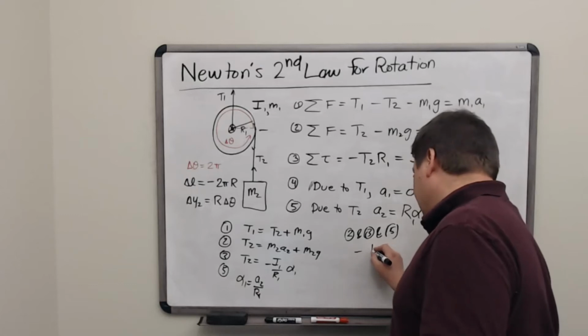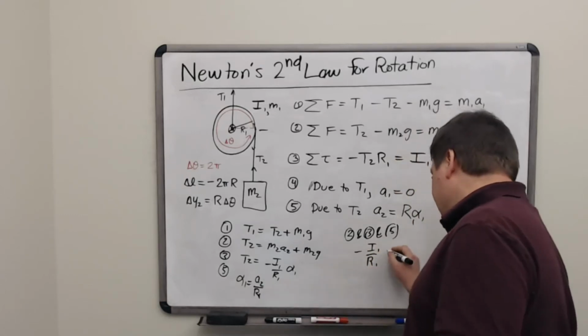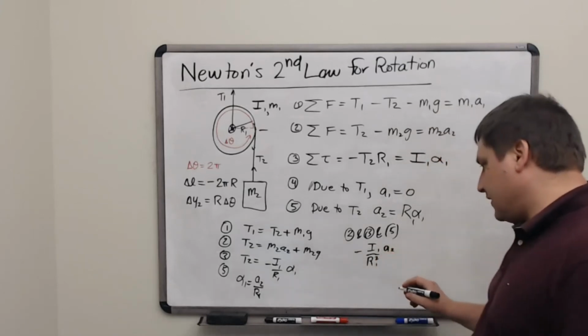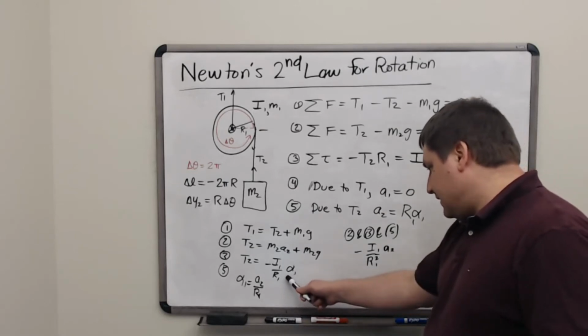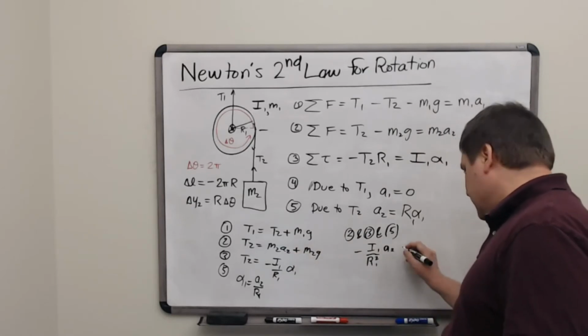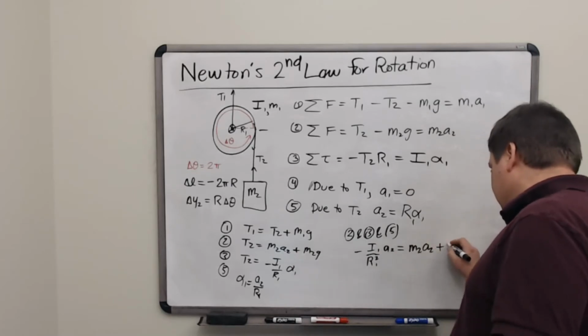I'll get minus I1 over R1. Alpha 1 is A2 over R1, so I'll have over R1 squared. That's the expression for T2 from equation 3, and then I'll have M2 A2 plus M2 G.